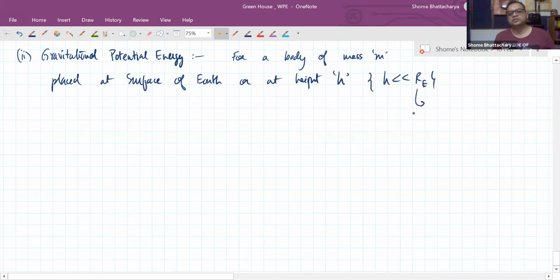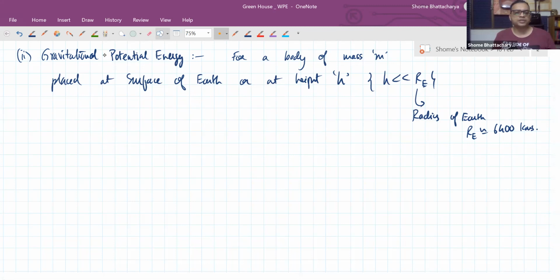This term is the radius of earth. It is approximately 6,400 kilometers. So we are only defining it specifically for this kind of situation.